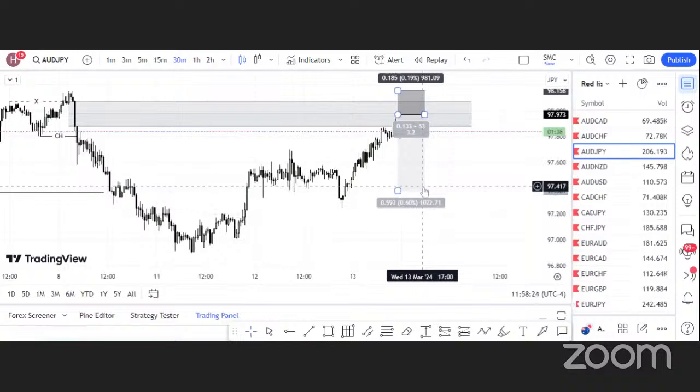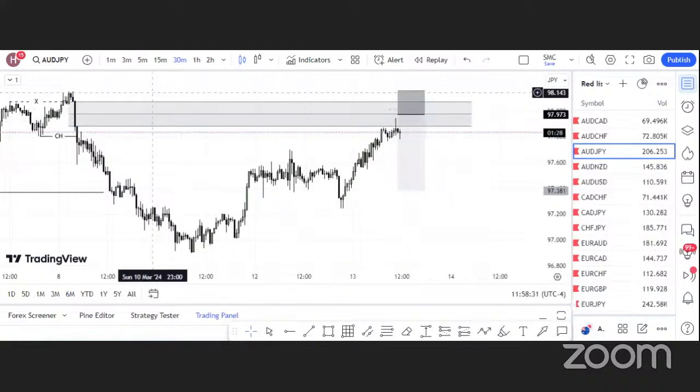So the market is still going to get to this 50% point before it reverses back to the downside.